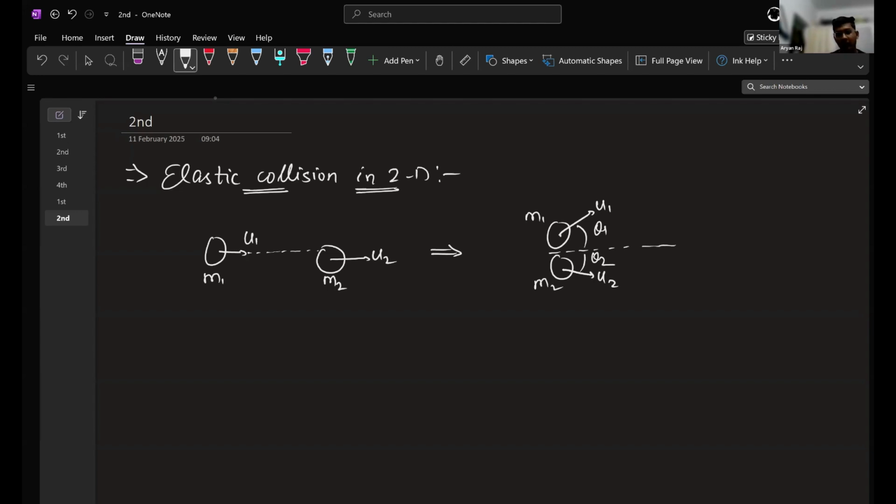Now, how to solve these types of questions? Pranav, do you remember what were the two necessary and sufficient conditions required for anyone to say that the collision is elastic?